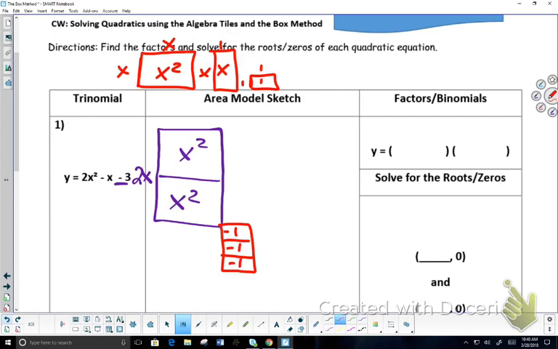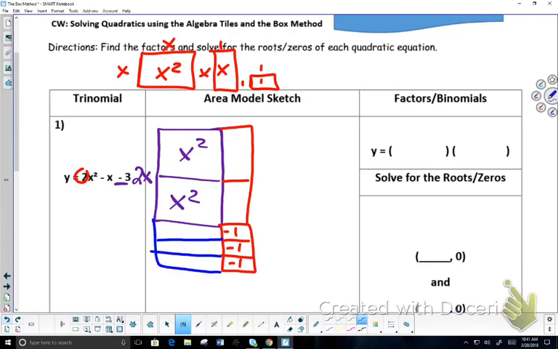The minute you end up with a number right here that's anything other than 1, it's going to start mattering. So let's see. I'm going to have some negative x's and some positive x's. Do my negatives go here or here? So if I put my negative x's up here, then that means this would be my positives down here.